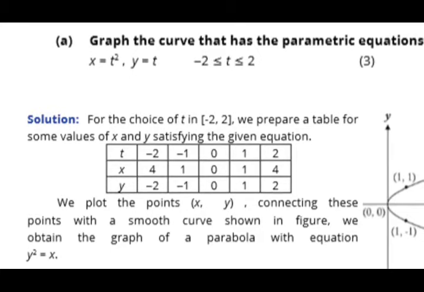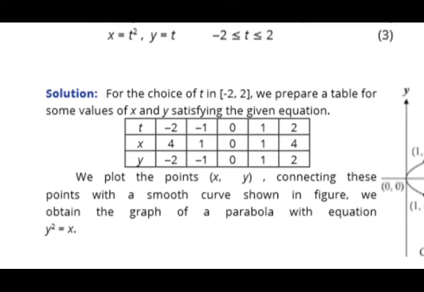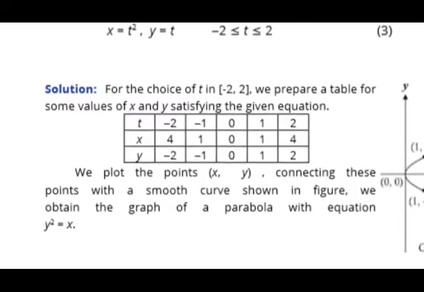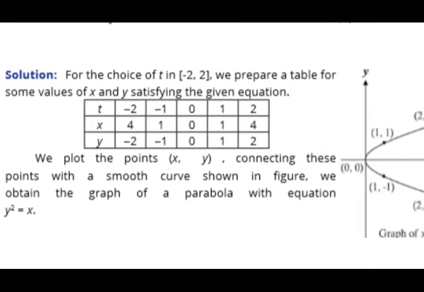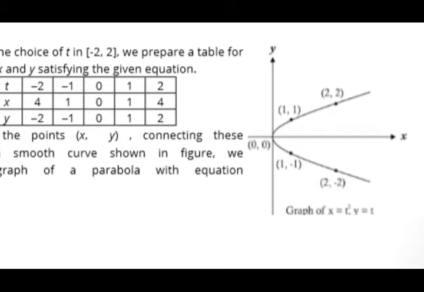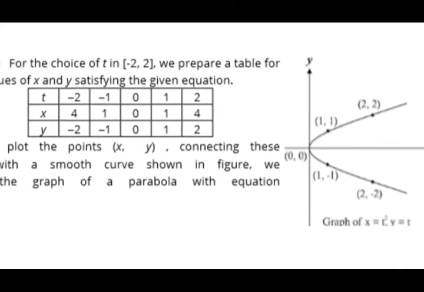First we put in x and then we put in y. And then we draw the graph of x and y. It's shaped like this, and this shape is called a parabola. The values are the same: x equal to t square and y is equal to t.